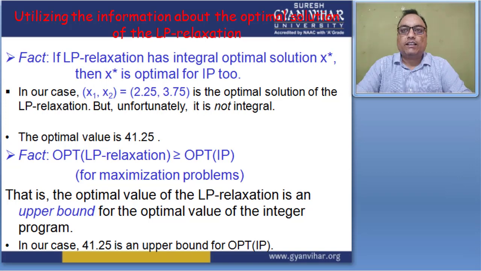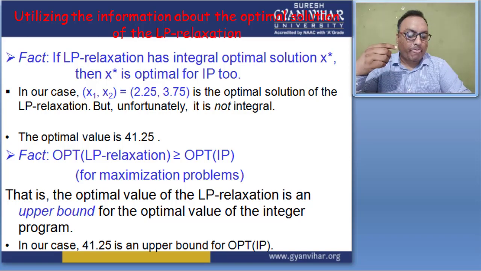This relaxation technique is used in the branch and bound method, and IP shows the integer programming, while LP refers to the linear programming method, right?